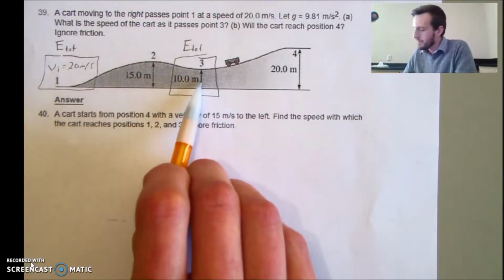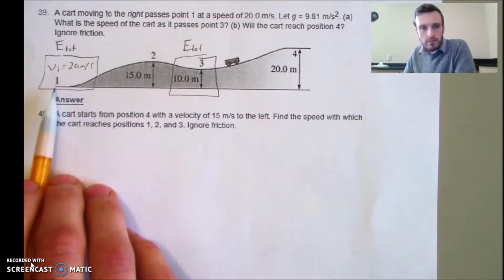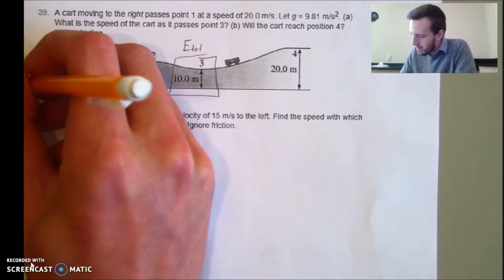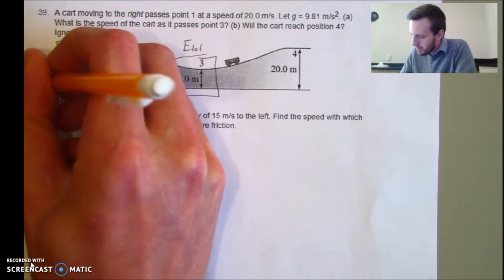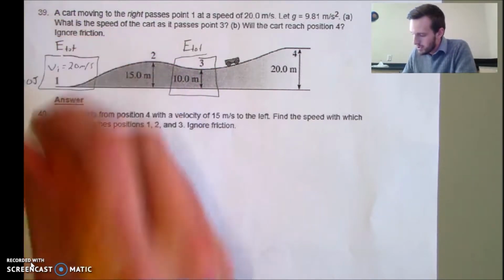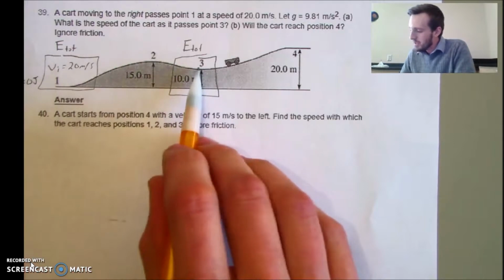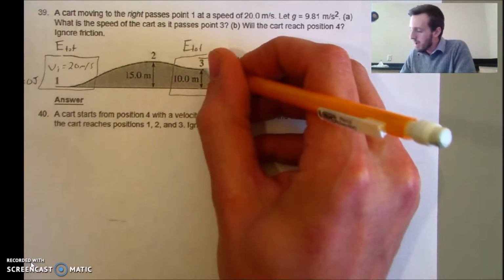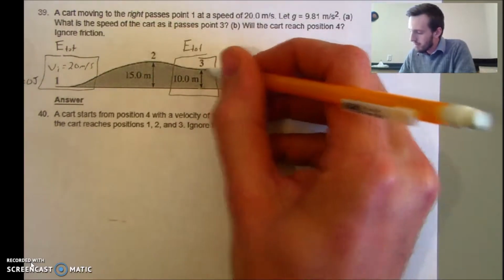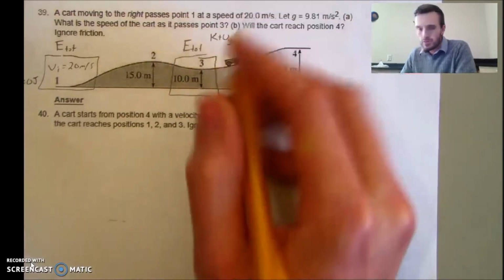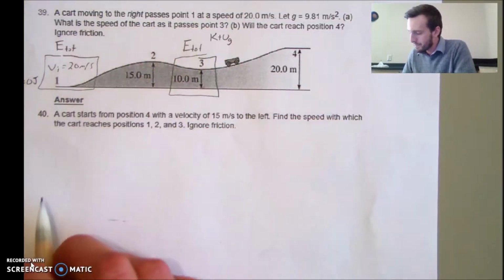If you are at a height of 0 at point 1, then we can say for certain that we have 0 joules of gravitational potential energy. Up here, since we have a height associated with point 3, we have to account for both kinetic energy and gravitational potential energy.